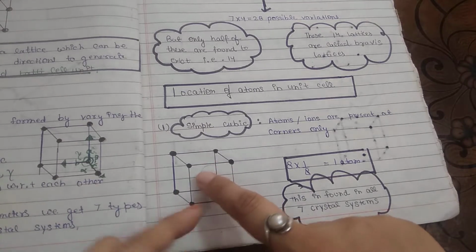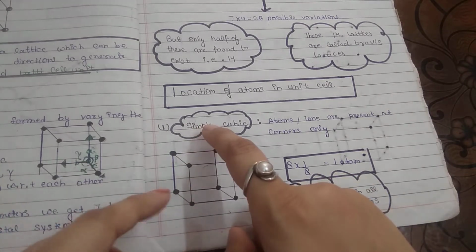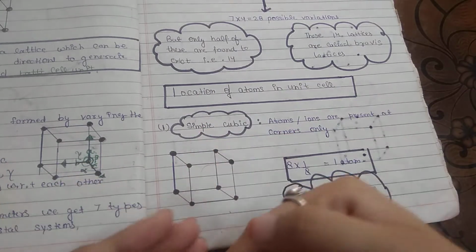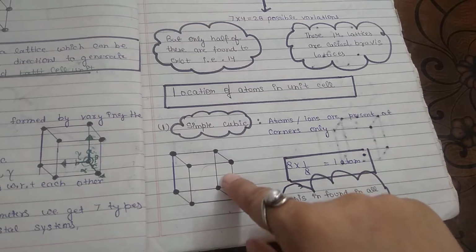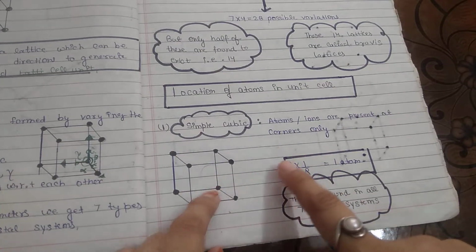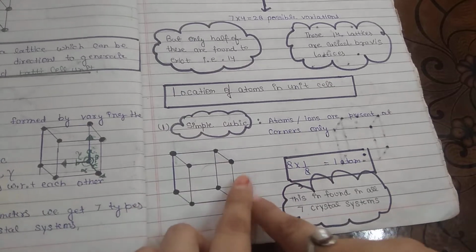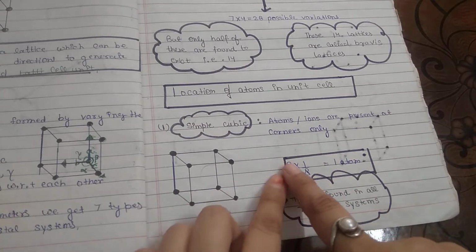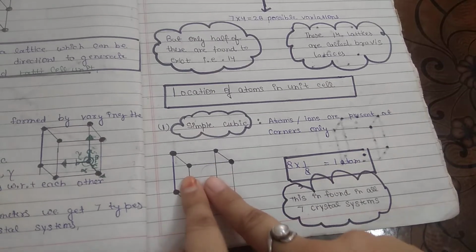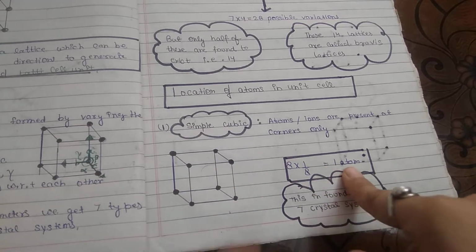One-eighth part means some part is upper, some part lower, some part from the back side, some part in the front side. So inside the corner there is only 1/8 part. When we multiply the 8 atoms by the 1/8 part of an atom which is inside the cube, that becomes 1 atom.